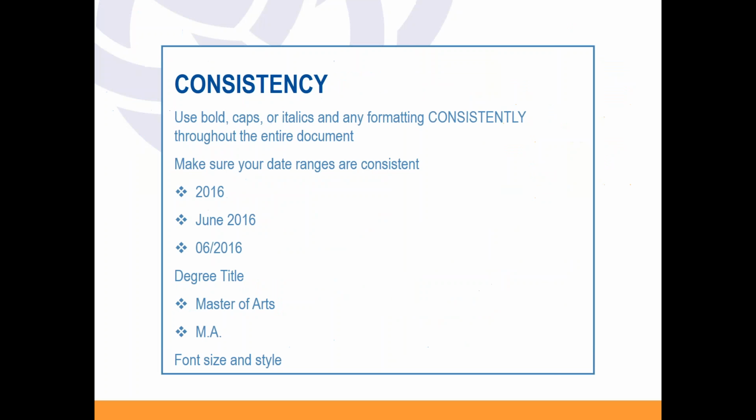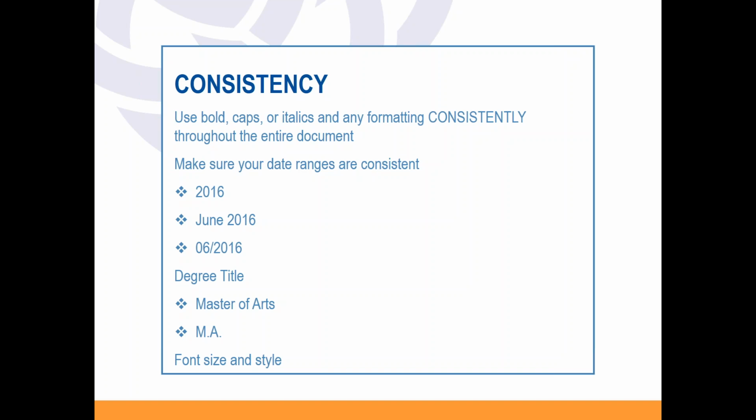Okay, here are some resume rules. The main thing that I like to focus on when I'm reviewing resumes is consistency. It's easier to read, and it's easy to identify what you want the reader to know. So for example, if you are going to indicate the date ranges in which you were working or in your education or whatever experience, decide if you're going to present just the year of when you have this experience, the month and year if you want to spell it out, like for example here, June 2016, or do you want to write the numeric version of June 2016, but just be consistent throughout the document.